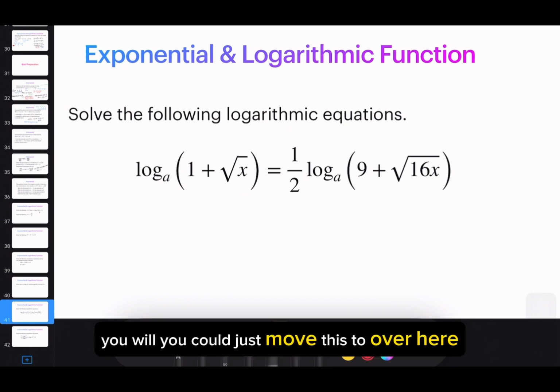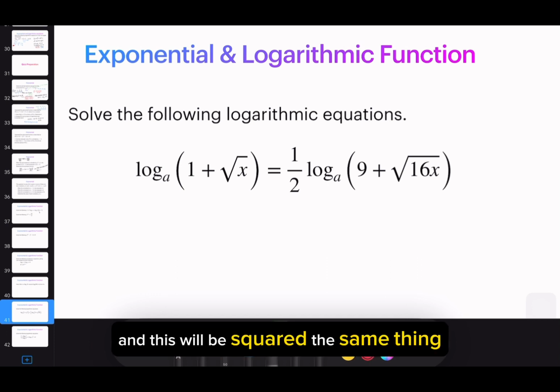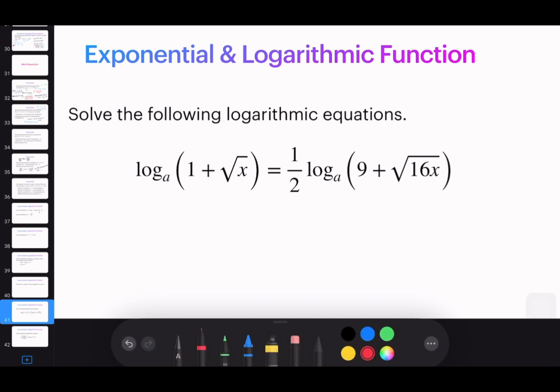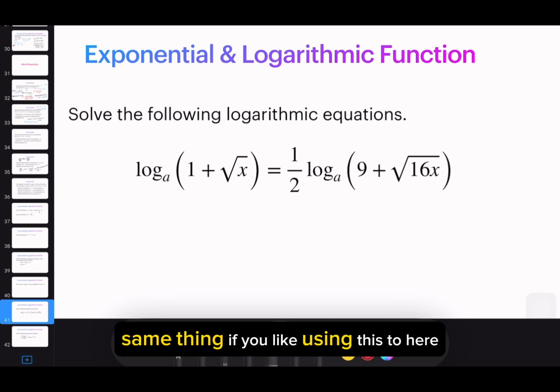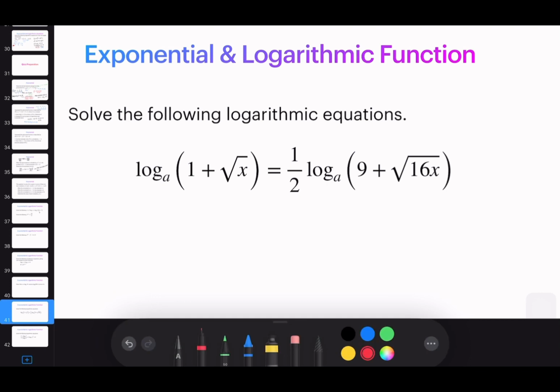Well, you could just move these two over here, and this will be squared. Right? The same thing. If you use this here, and at the end you square both of them, that's the same thing. Right? Is it 8?